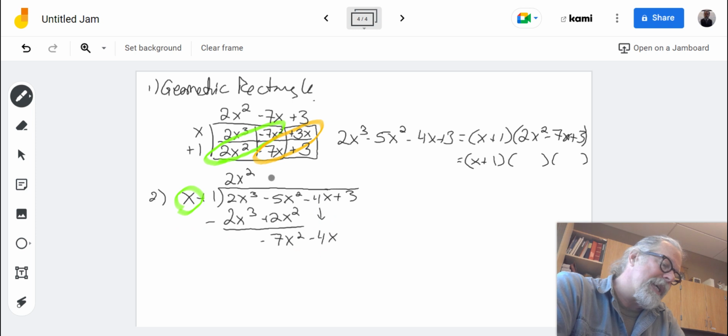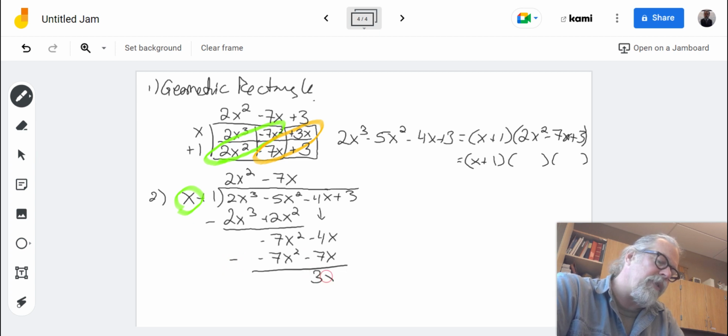I know that I need a negative 7x right here. Multiplying, this becomes negative 7x squared minus 7x. I subtract, and I get 3x, which means that I need a plus 3 right here.